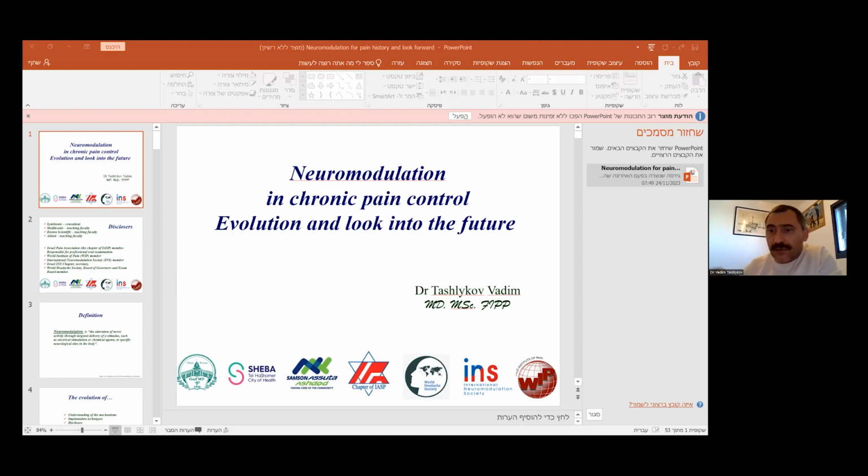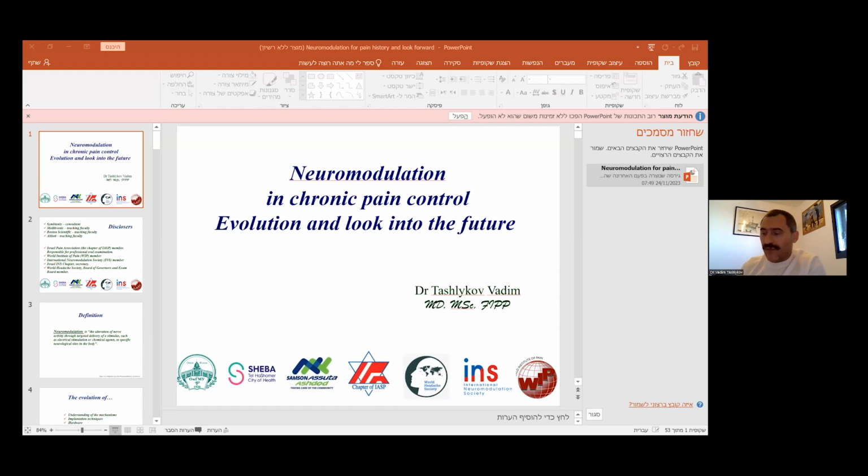On the other hand, when we increase the information stream in the large fiber system, we can close the gate and decrease the pain sensation. So it was an idea to introduce a principally new kind of treatment, spinal cord stimulation. We try to stimulate the posterior columns, to stimulate the large fiber system, to close the gate of the pain.